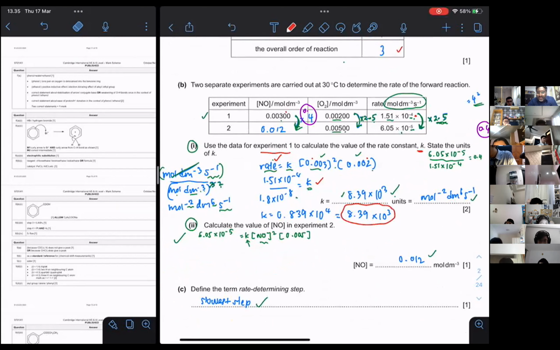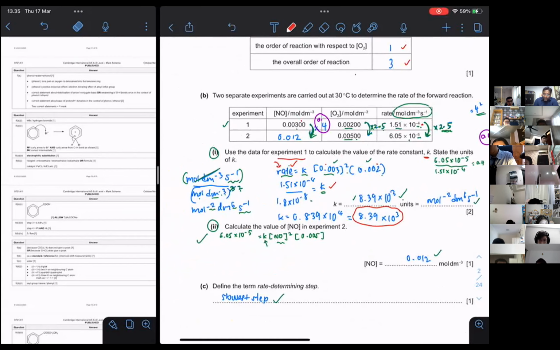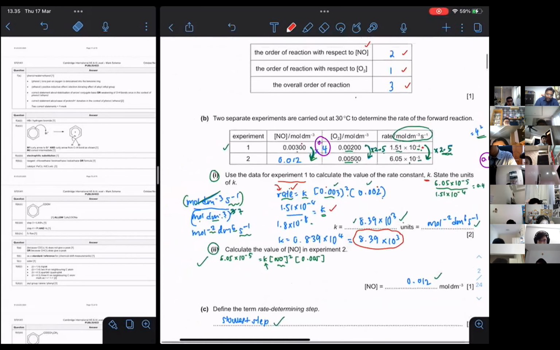This is important. Another thing that students always make mistakes on is when they calculate the units. Units, we always make mistakes because of the rate. The rate is always measured in mole per dm cube per second.